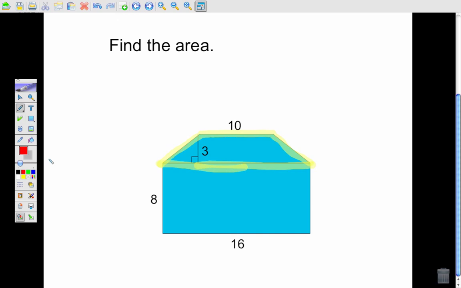And this is area 1. And the second shape down here, area 2, is just a rectangle. So that's easy enough to figure out. So we divide it into its two parts, and we're going to calculate those separately.